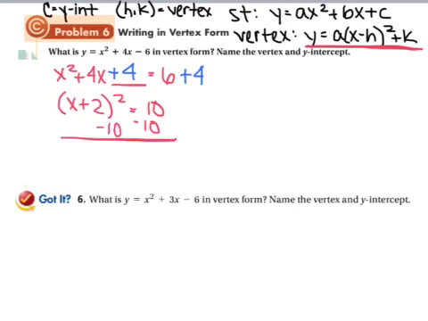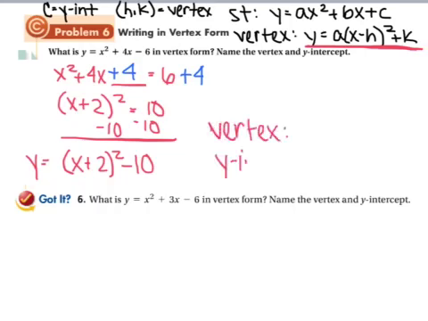So now I have x plus 2 quantity squared minus 10, and that is my vertex form. So y equals x plus 2 quantity squared minus 10. That's part of the answer. That's vertex form, and now it wants the vertex and the y-intercept.